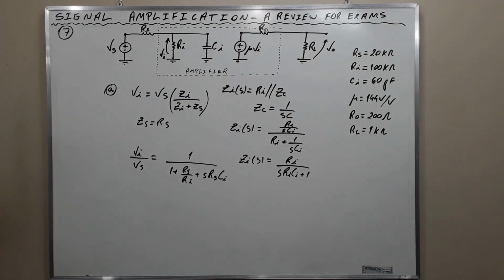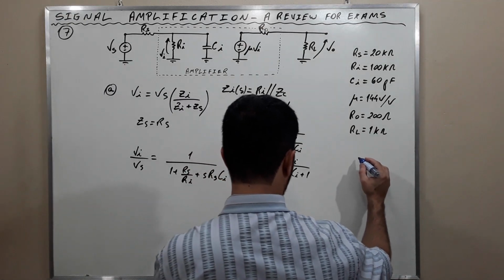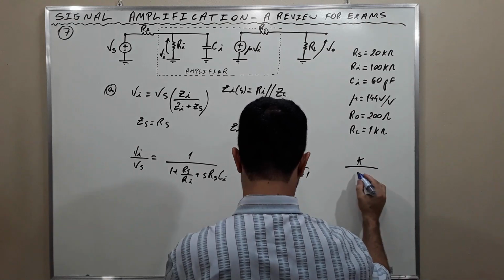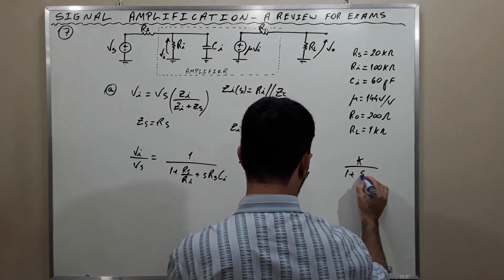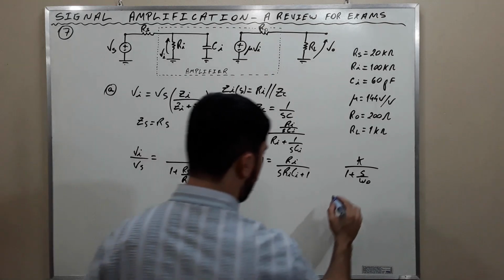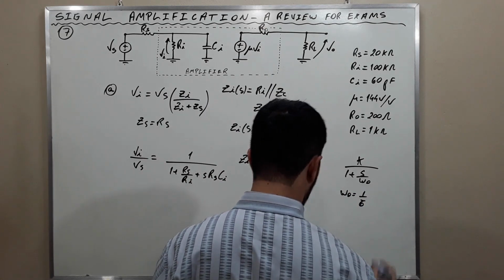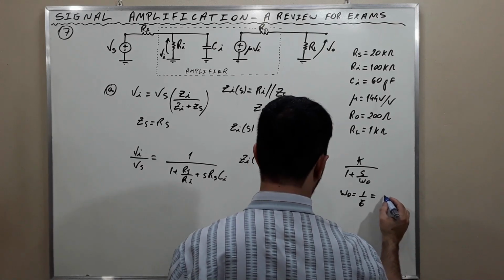This expression can be put in the standard form of a low-pass single-time constant network. This is the standard form. I'm going to put it here. K over 1 plus S over WO, in which WO, 1 over tau, is the time constant of the network.